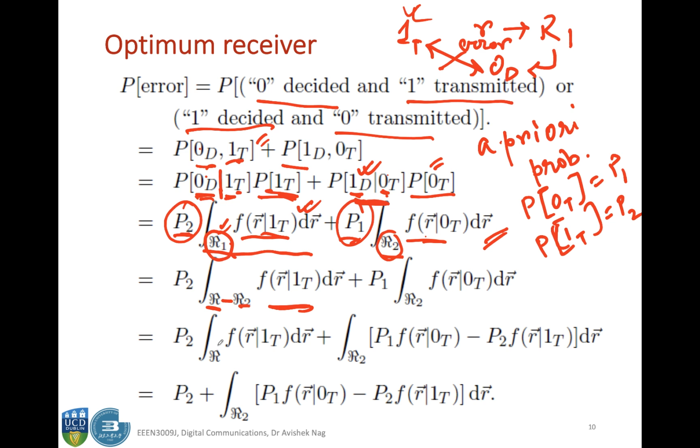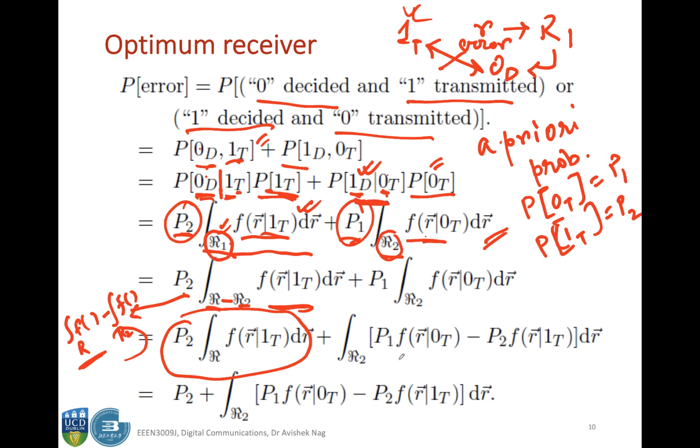So this part can be written as two integrals. One is over R with the same functions inside, minus the other over R2 with the same functions inside. Then this part that is over all the R is here, and over R2 this part is adjusted with the next integral which was also within R2.